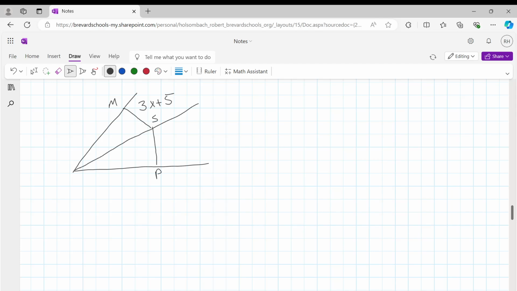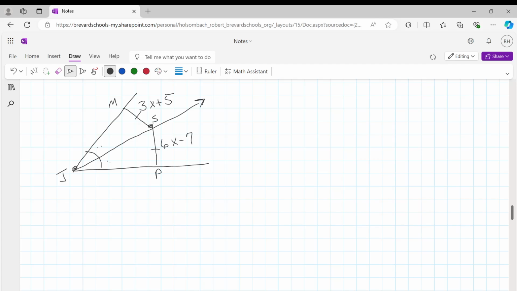S to P is 6x minus 7. And we're told these two angles are congruent. So we're using that same theorem. If these two angles are congruent to each other, then J to S is an angle bisector. Any point on an angle bisector is equidistant from the sides of the angle. So M to S is congruent to S to P.